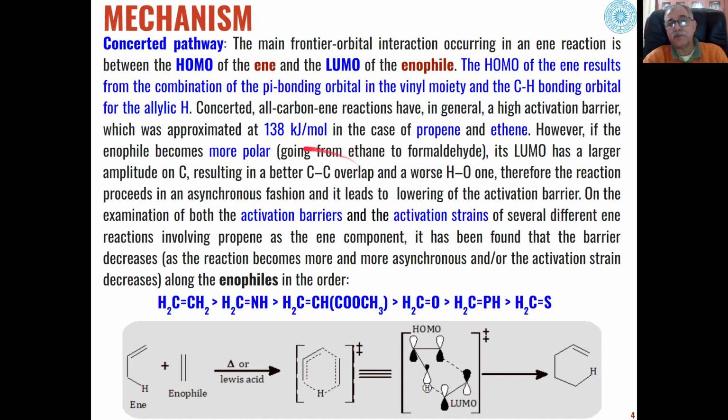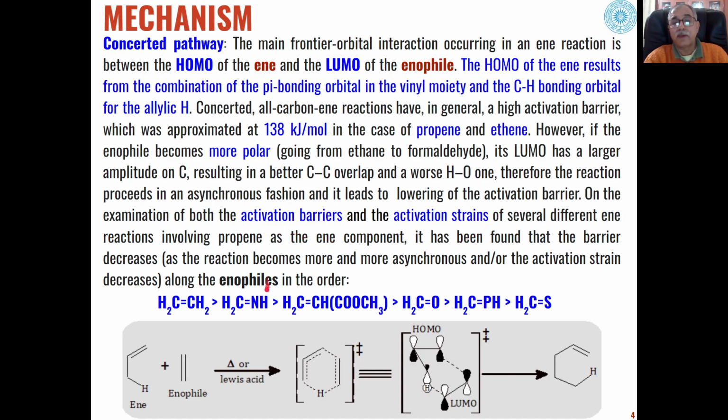Then there will be a better carbon-carbon overlap, but a worse hydrogen-oxygen interaction. Therefore, the reaction proceeds in an asynchronous fashion, and the activation energy is lowered. That means in those cases, the reaction will take place at a lower temperature.